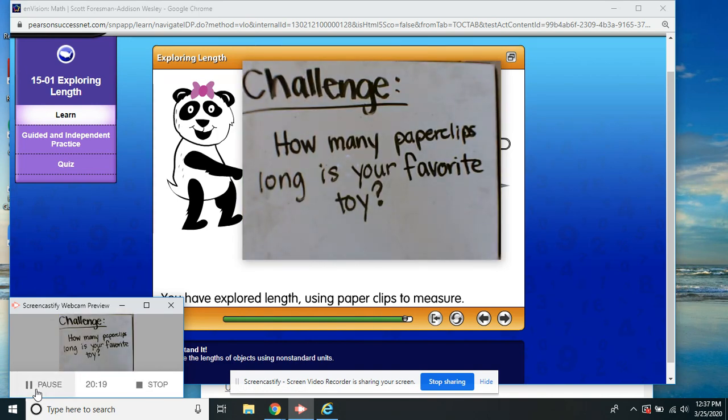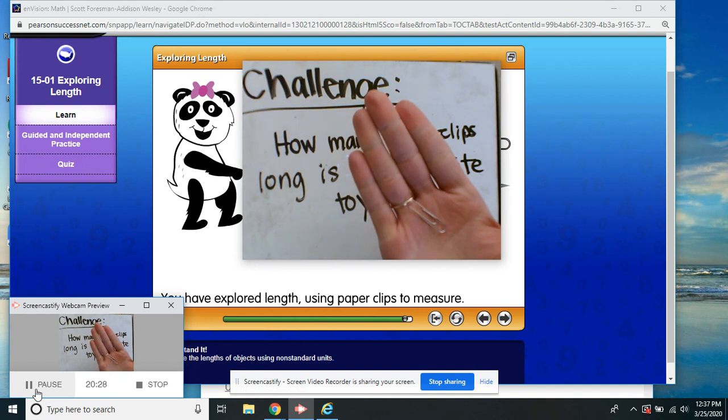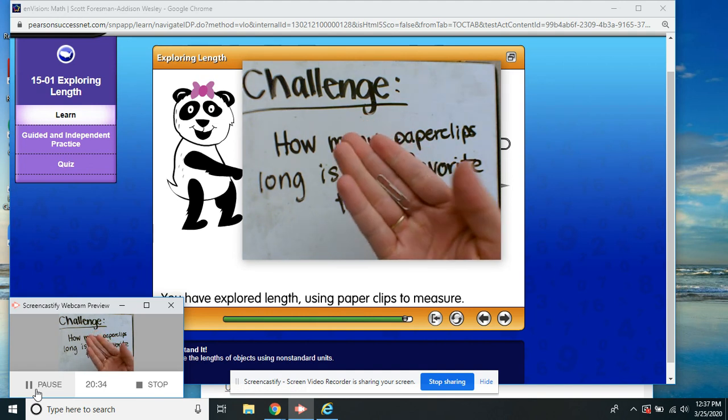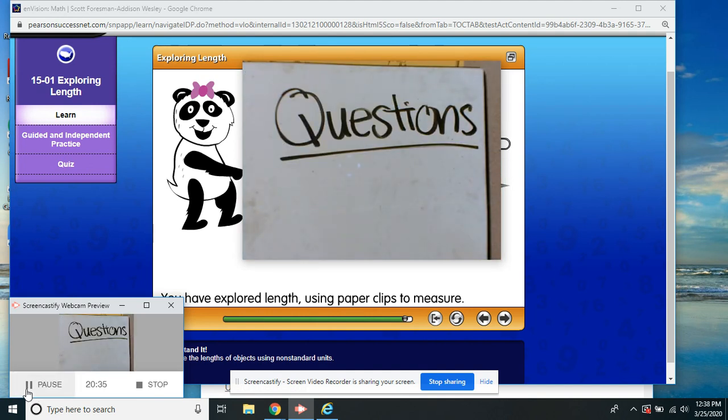As a challenge, maybe you can go see how many paper clips long is your favorite toy. So you could take your paper clip and measure how many paper clips long your favorite toy is. This is an option, just a fun activity. If you have any questions, you can ask somebody else for help. Otherwise, you can have your parents or guardians call or email me.